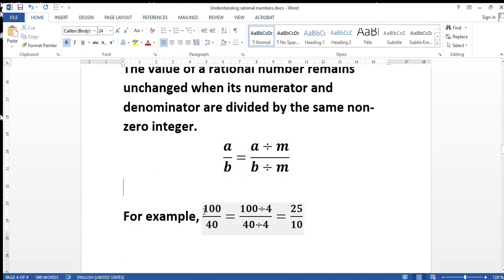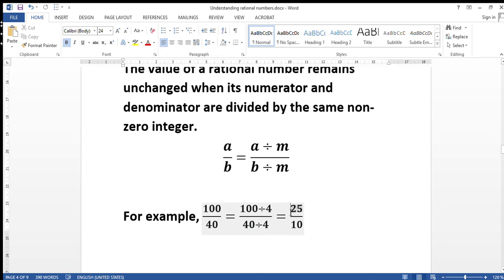So for example, we have 100 over 40. That is the example in our book, and you can find it in your book. We can simplify or reduce it to the lowest term by dividing by the same number. So 100 divided by 4, 40 divided by 4. 100 divided by 4 is 25, and 40 divided by 4 is equal to 10.